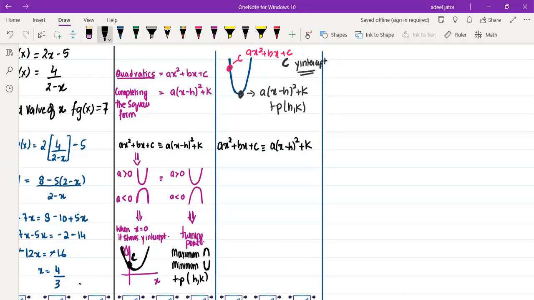So we open this. This should be a, x square minus 2xh plus h square, plus k.